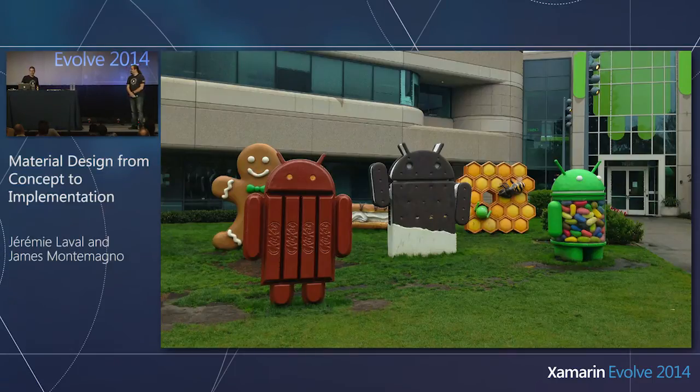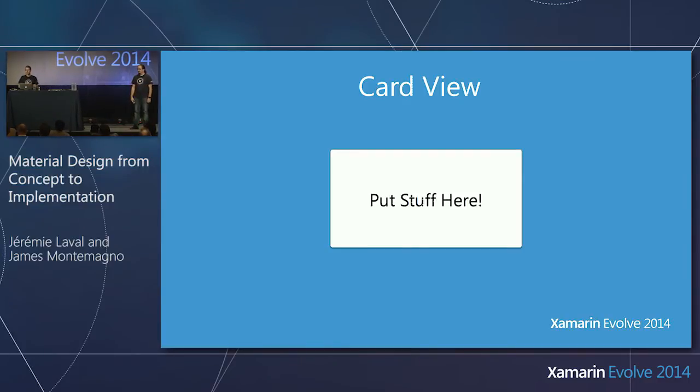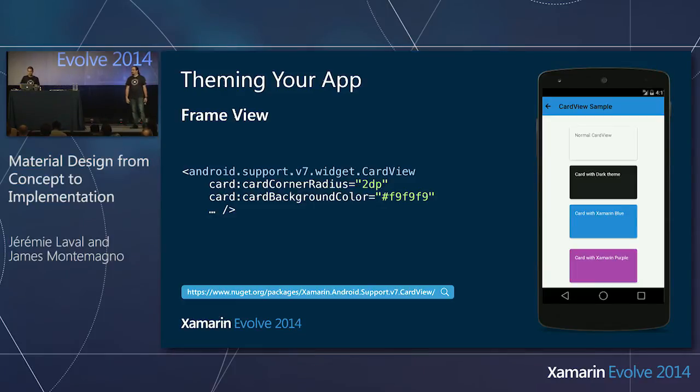So when we come to compatibility, I think it's really important to step through just a few things, because Android is a little tricky. First is the CardView. We've seen it time and time again. You see it's exposed via a NuGet package just in the support v7 library. And the interesting part of CardView is that it's easy to implement. Think of it like a frame view.